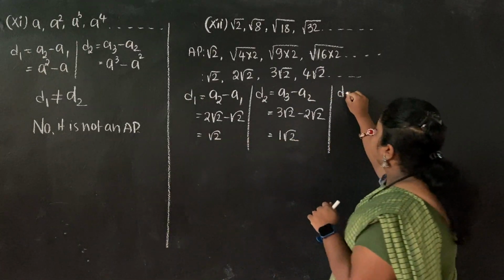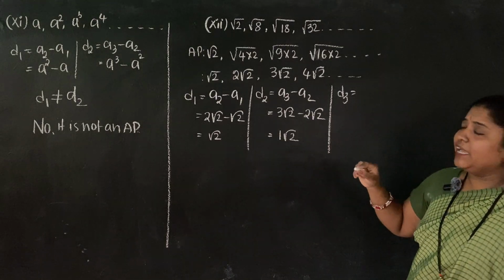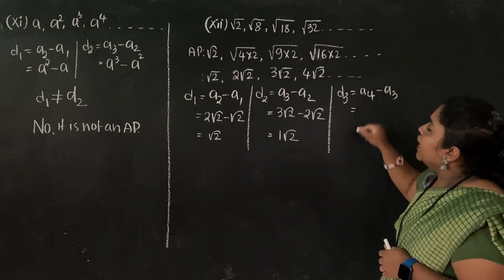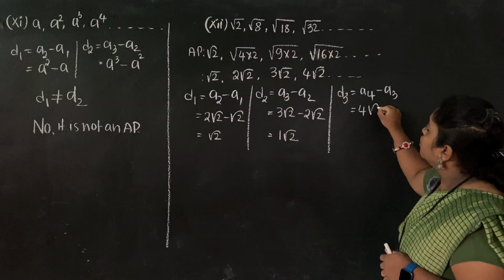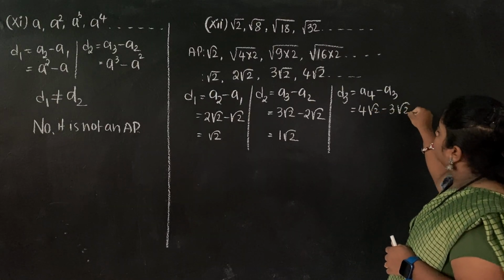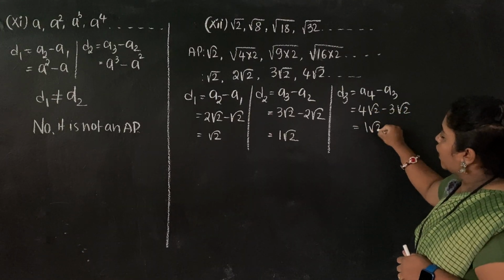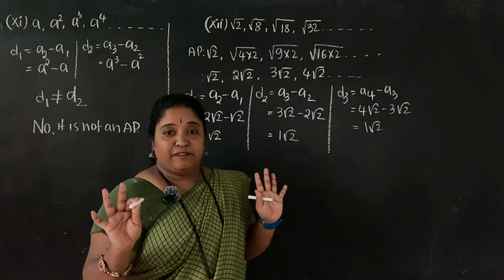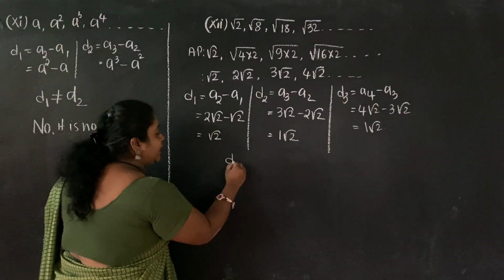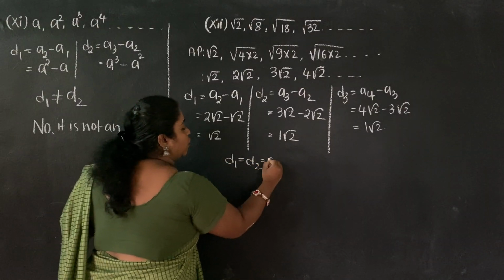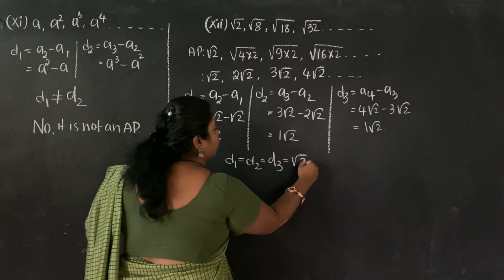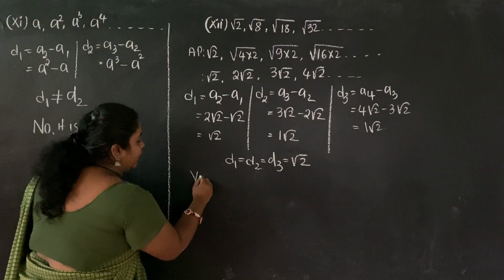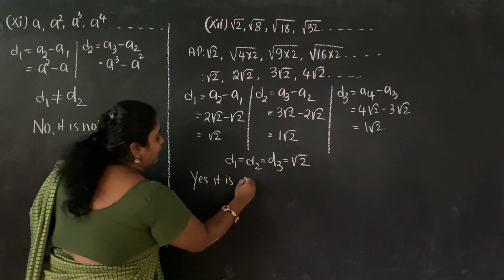D3 is equal to A4 minus A3. A4 is, dear, 4 root 2 minus 3 root 2. That is also equal to 1 root 2. You just see here, all the common differences are the same, is it not? So I write here, D1 equal to D2 equal to D3 is equal to root 2. All common differences are the same. So I'll write here, yes, it is an AP.